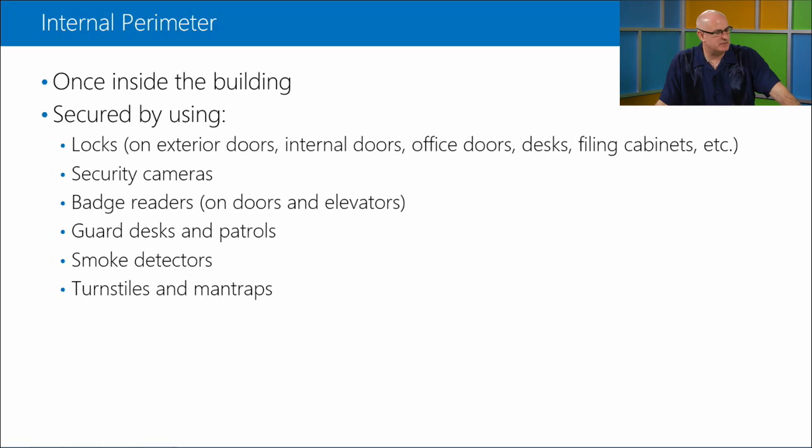Internal, so once inside the building: locks on exterior or interior doors, cameras, badge readers, guard desks and patrols, smoke detectors. So that's another area of security, environmental security.